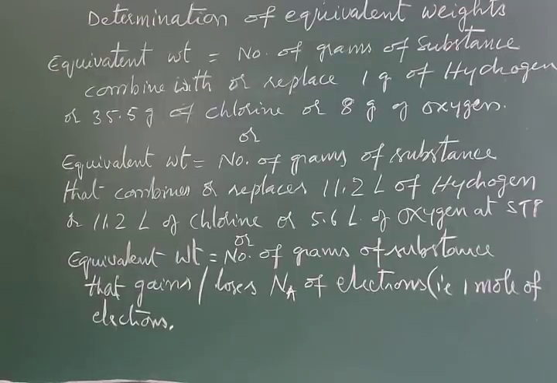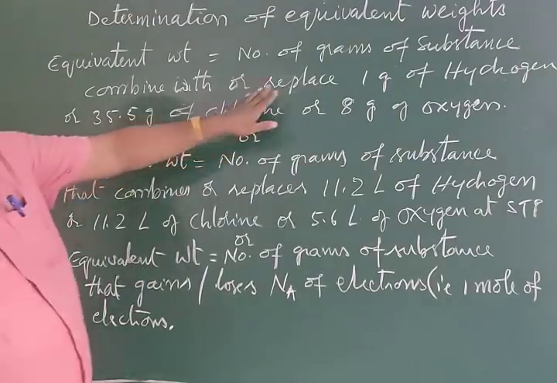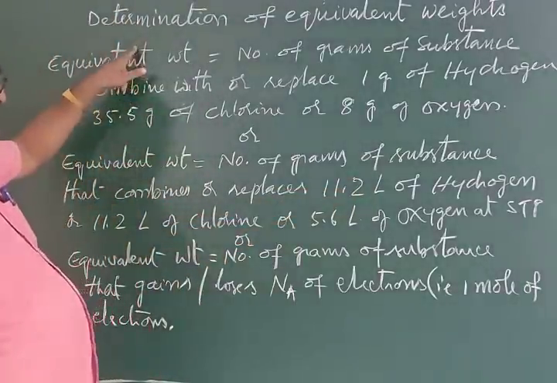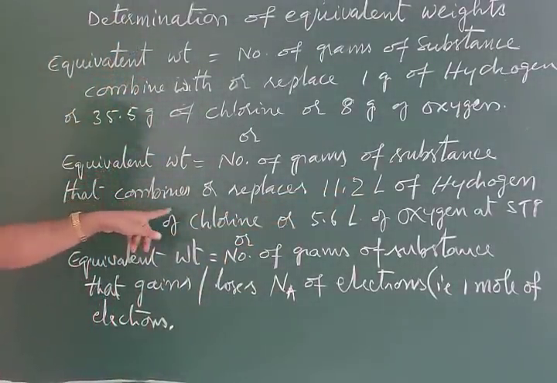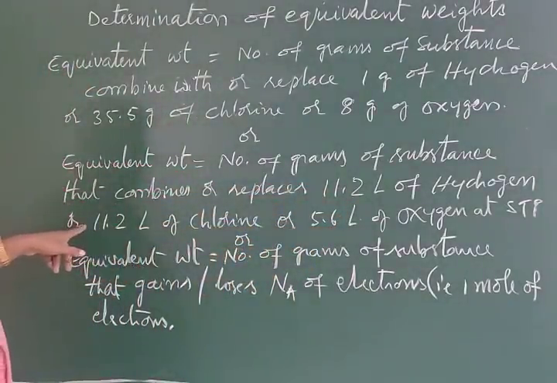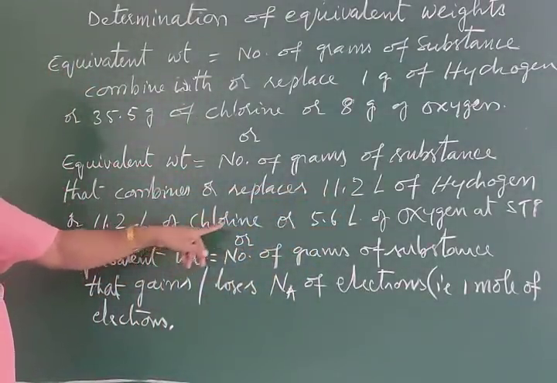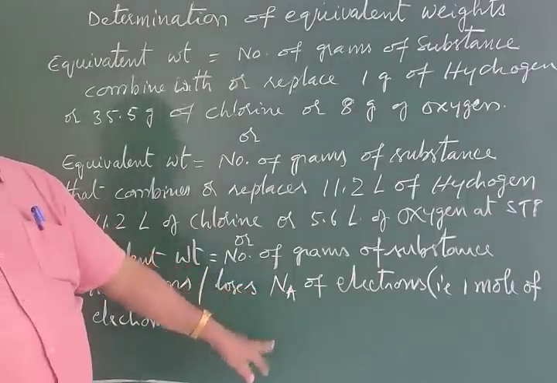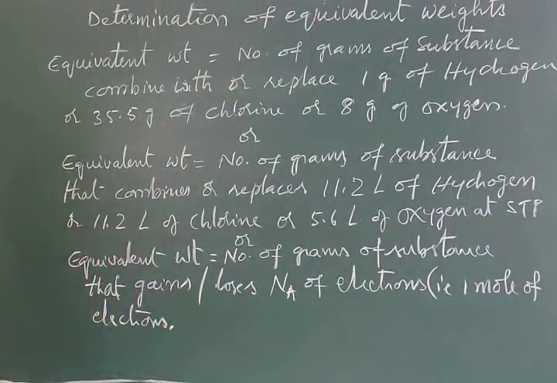We discussed all these by comparing with the number of grams of hydrogen, chlorine and oxygen, or the weight of substance obtained by comparing with 11.2 liters of hydrogen or 11.2 liters of chlorine or 5.6 liters of oxygen, or the amount of substance that combines or replaces, that gains or loses Avogadro's number of electrons, that is 1 mole of electrons.